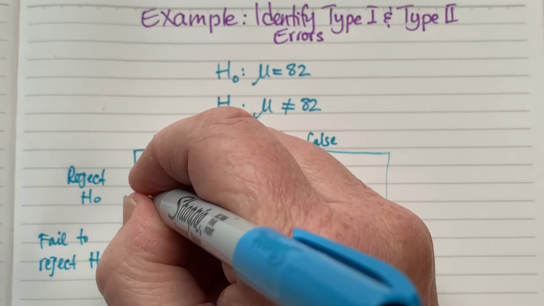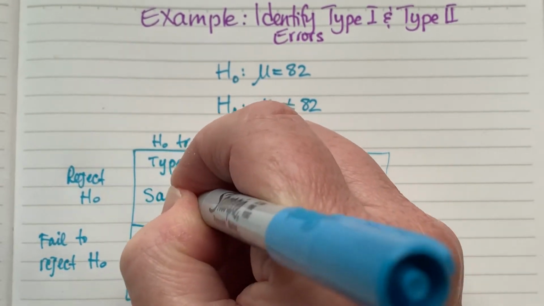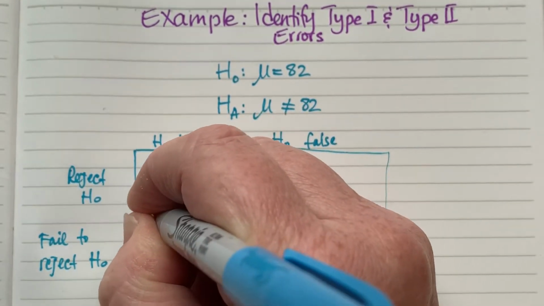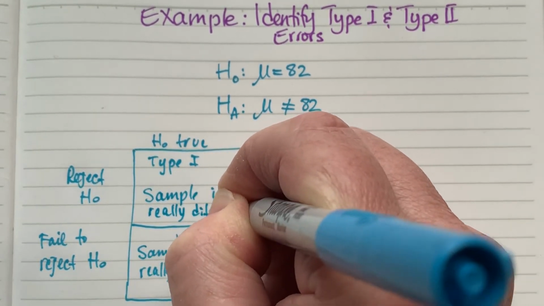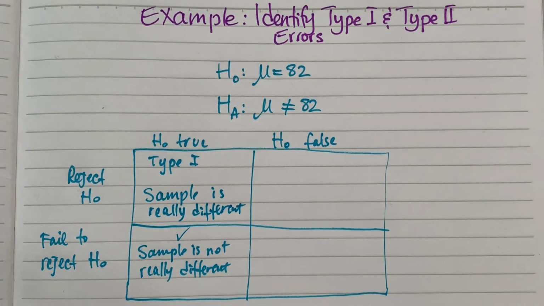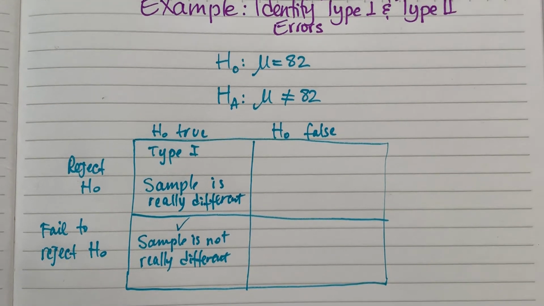So the sample looks different, and I have this data that helps me reject, and I'm making a type 1 error here.